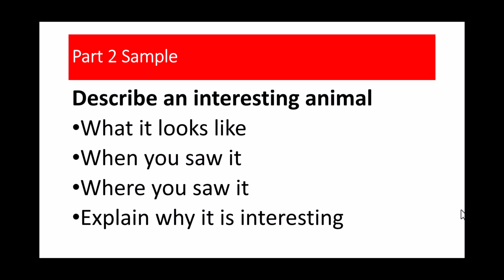One of the cue cards can be this. Describe an interesting animal, and then there are some bullet points. You don't have to speak about the bullet points, but I think they are highly recommended. You can cover the 2-minute time by talking about each of these bullet points.